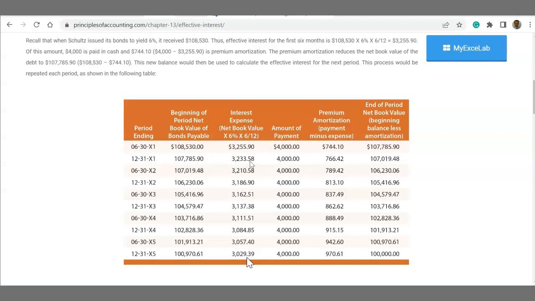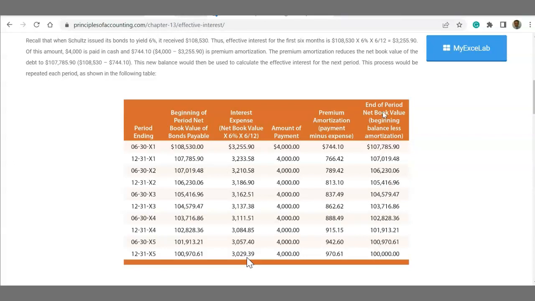That gives us 3,233; 4,000 minus 3,233 gives us 766. 107,785 minus 766 gives us 107,019. That goes to year two, first six months. 107,019 times 3% is 3,210; 4,000 minus that is 789 for premium amortization. And you just keep doing that all the way down.